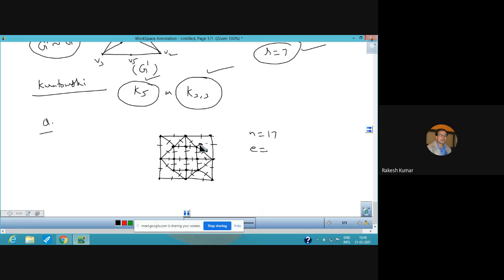One more should be plotted here. This is 33 and this is 34. So 34 edges we are taking in this graph.